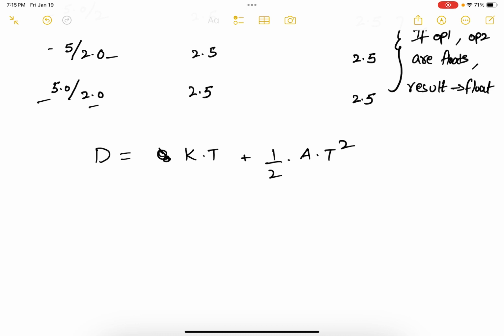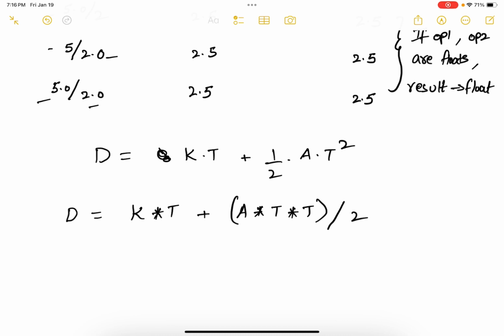How would you write this expression in C? You can declare all the variables and you can write the formula as D equals K times T plus A times T times T over 2.